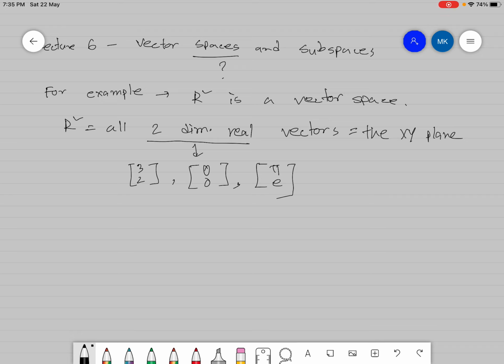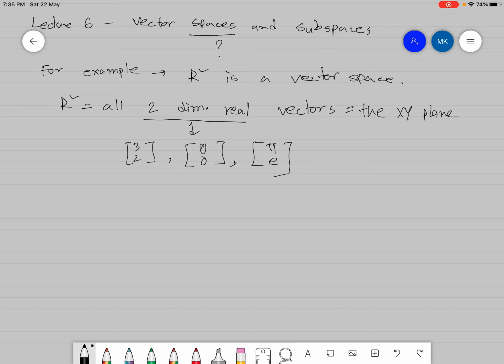That means the result should stay inside that space. Do you remember what we mean by vector addition and vector multiplication together?